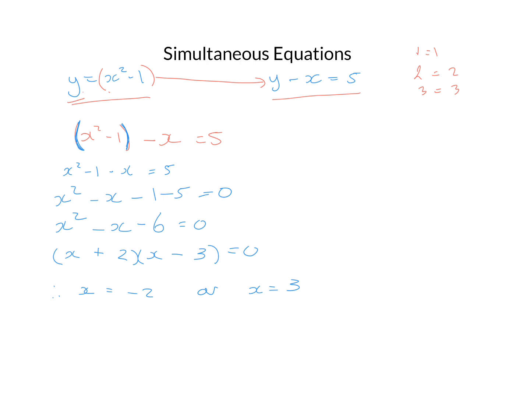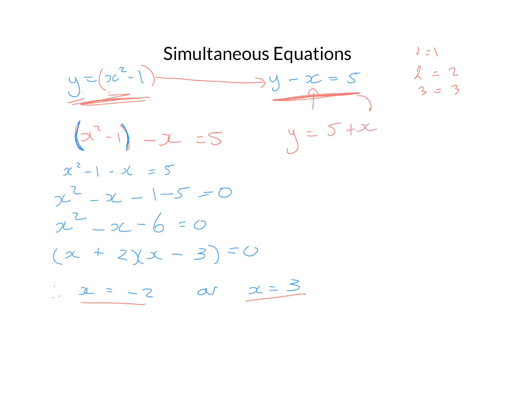Now, that's not the end because I have a y to solve for. So what I'm going to do is take both of these and substitute them for x in that equation. Remember, we used this equation first, so now to find y we want to use the other equation. So y is equal to 5 plus x.